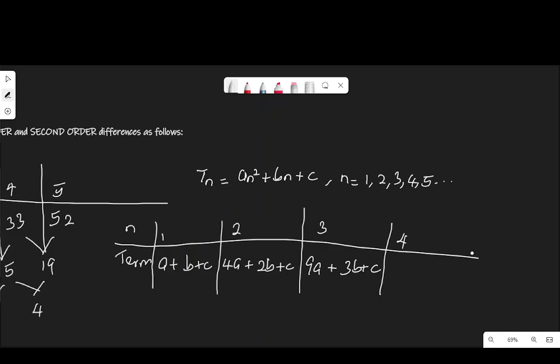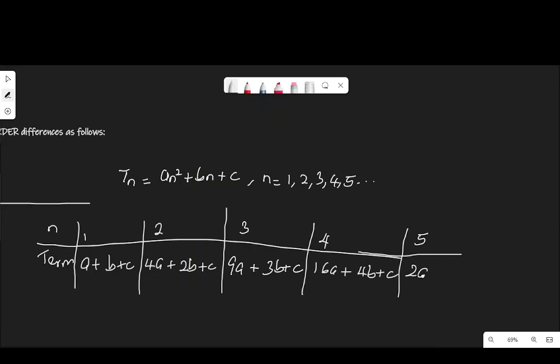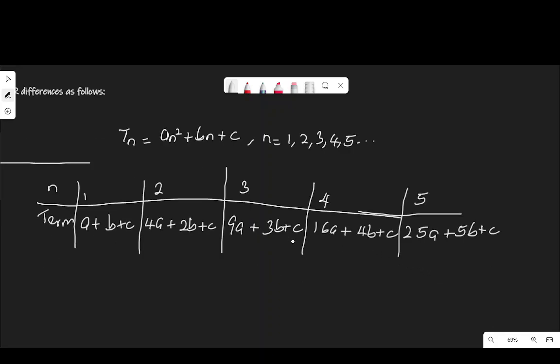What about if n is 4, 4 squared 16, 16a, plus 4b, plus c. And the last term, 5 squared is 25, 25a plus 5b plus c. Let's get their differences.